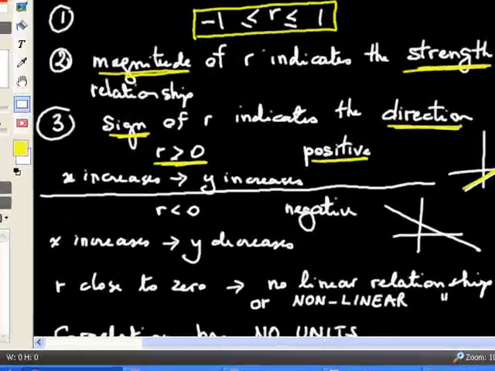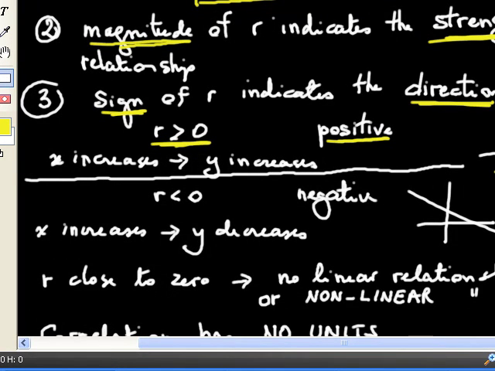And we say that there is a positive linear correlation when the variable x increases, also the variable y increases. An example of that is, for instance, the age of children and the corresponding height, age being our x and the height being the y.